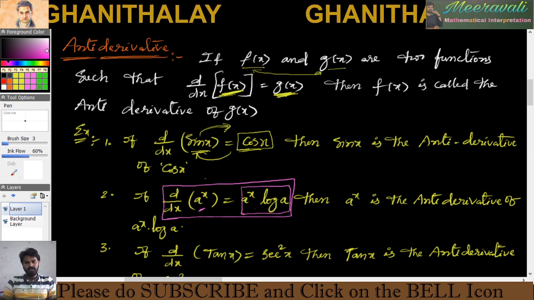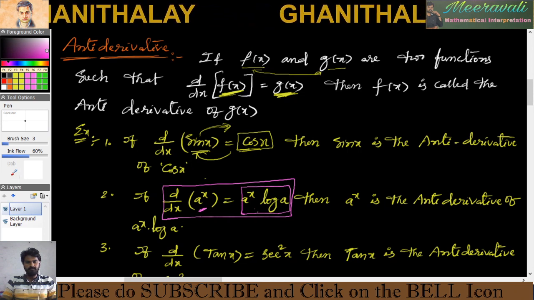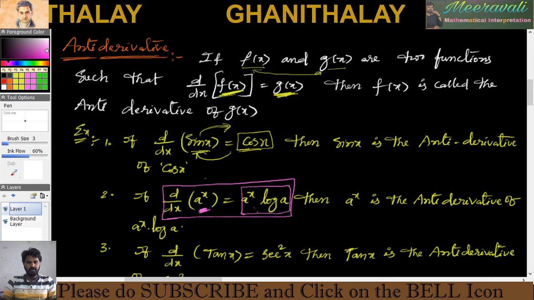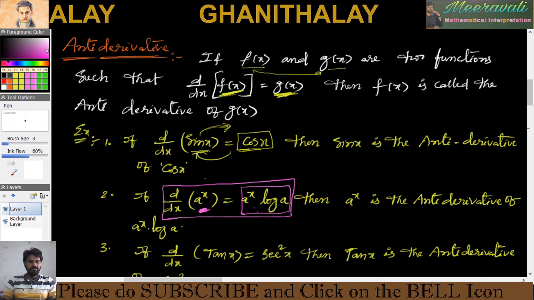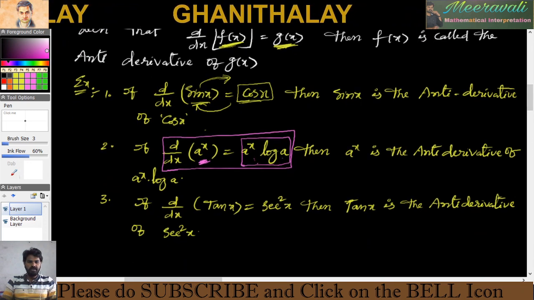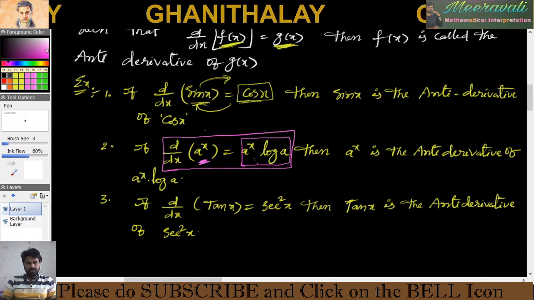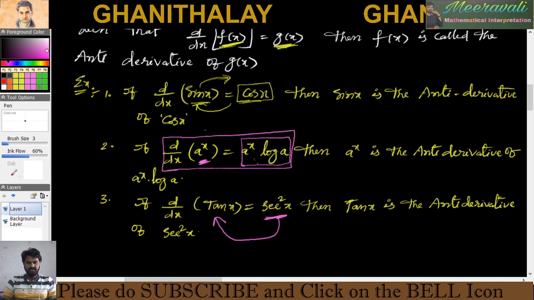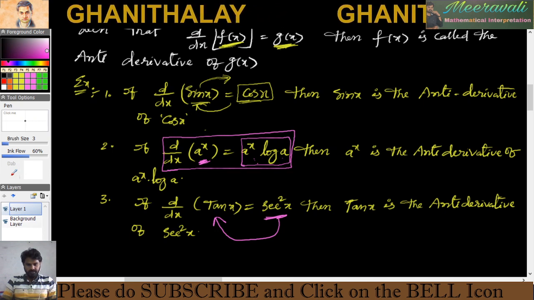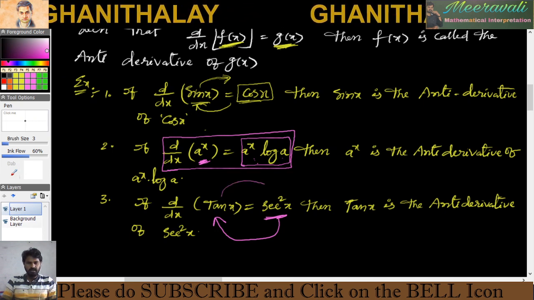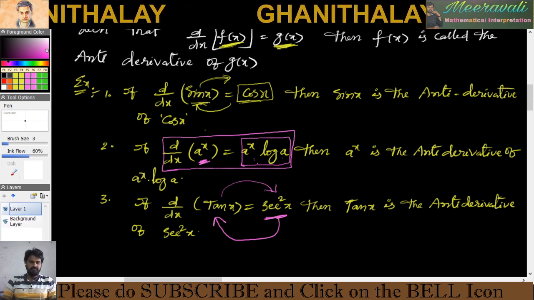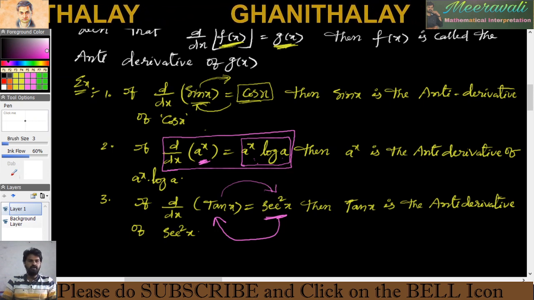Here how to get the a power x? By using this formula, a power x is obtained by the antiderivative of a power x into log a. In the same manner, derivative of tan x is equal to secant square x. Here secant square x is obtained by differentiating tan x. By using this one, the tan x is obtained by antiderivative of secant square x. Okay, this is the antiderivative formula.